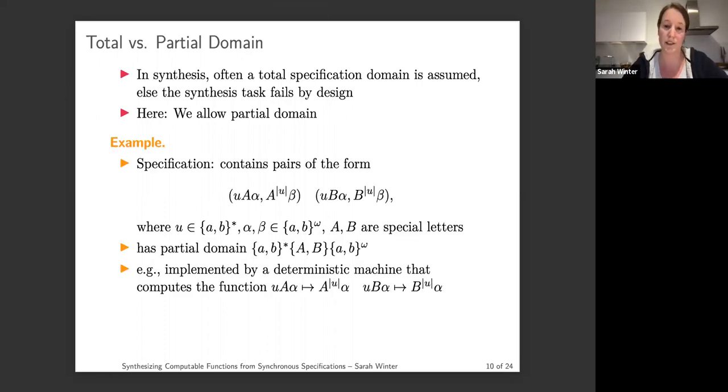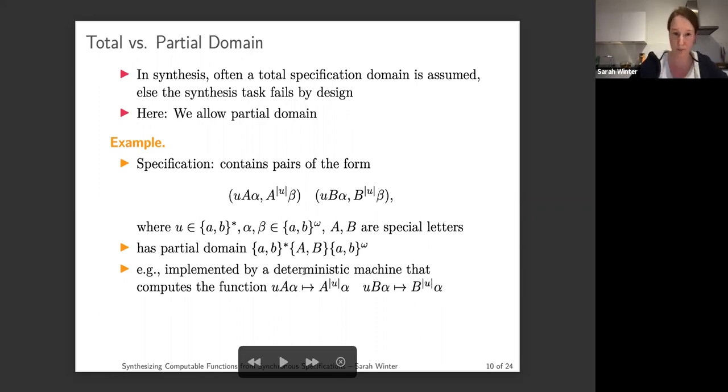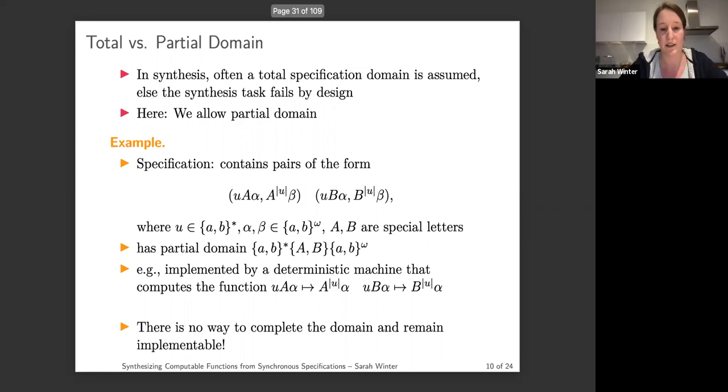So again, this is the example from before. Here it has the partial domain: a finite number of small a's and b's, then this signal big A or big B, and then we can continue with small a or small b. We have seen this can be implemented, and we can see that it makes a difference whether we talk about specifications with total or partial domain.